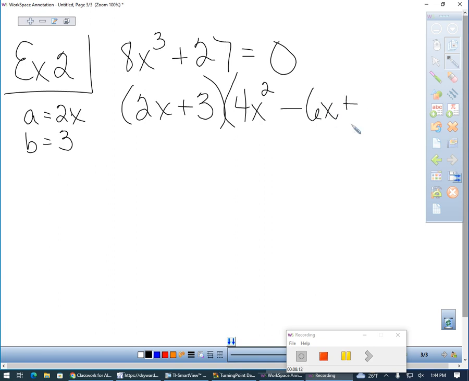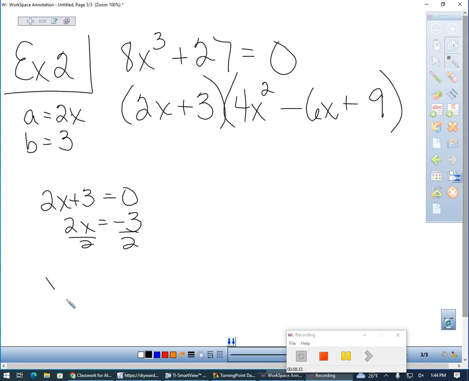And then plus B squared, what is 3 times 3? 9. All right. Now, our first parenthesis, we set this equal to 0 and solve it. So I have 2x plus 3 equals 0. Subtract 3 over, I get 2x equals negative 3, and divide both sides by 2. So my first answer is negative 3 over 2.